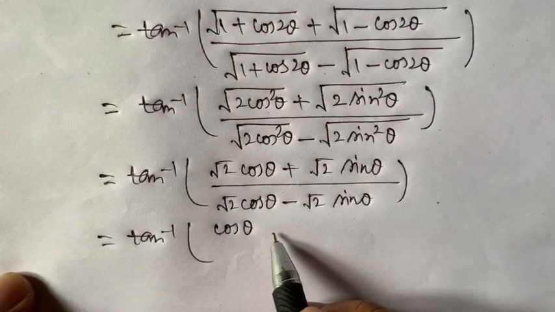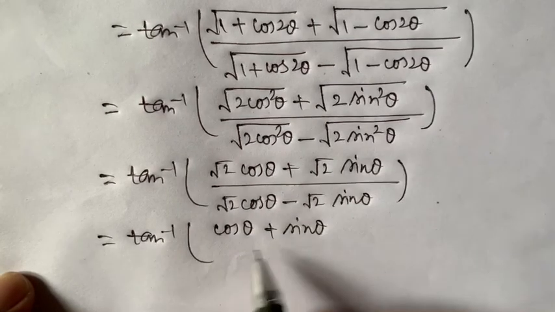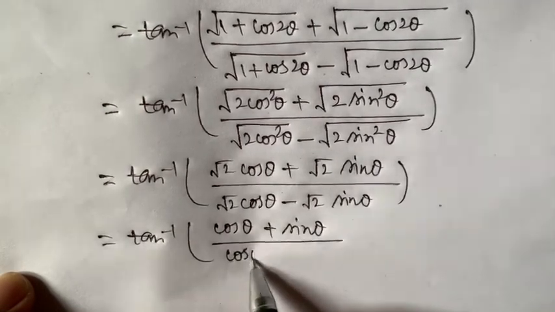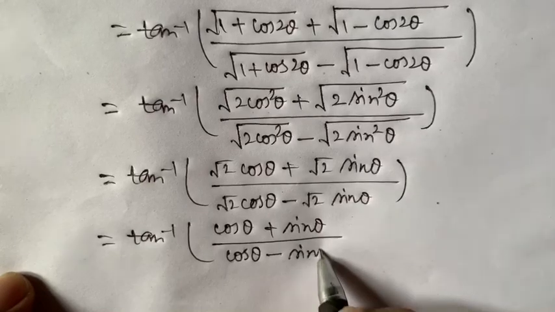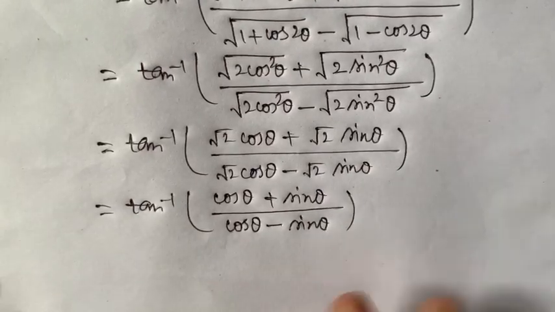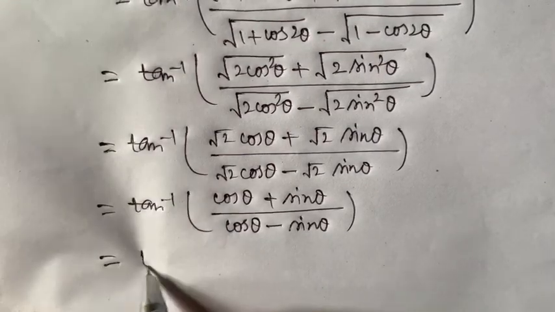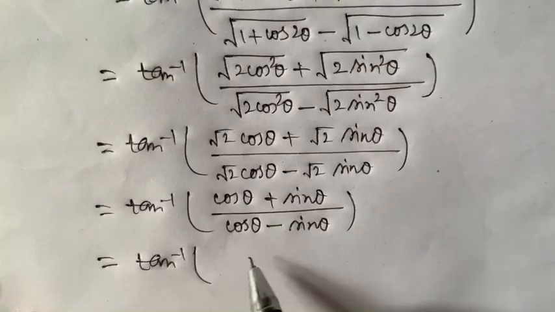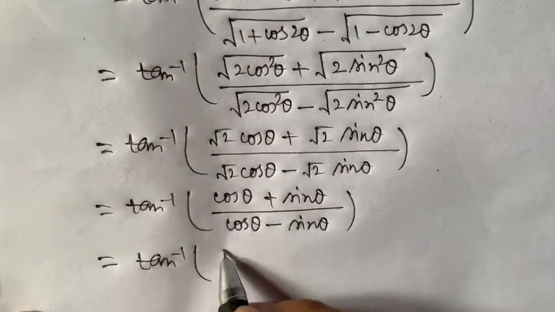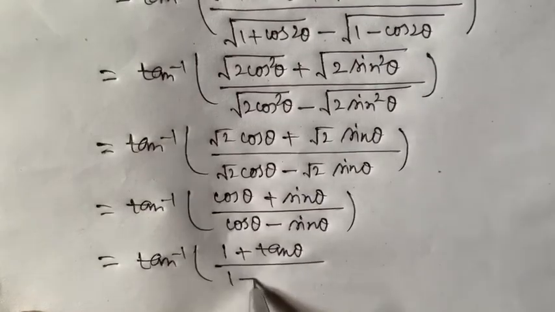So we will have cos theta plus sin theta upon cos theta minus sin theta, as root 2 has gone. Now we will divide the numerator and denominator by cos theta to obtain an expression like this: 1 plus tan theta upon 1 minus tan theta.